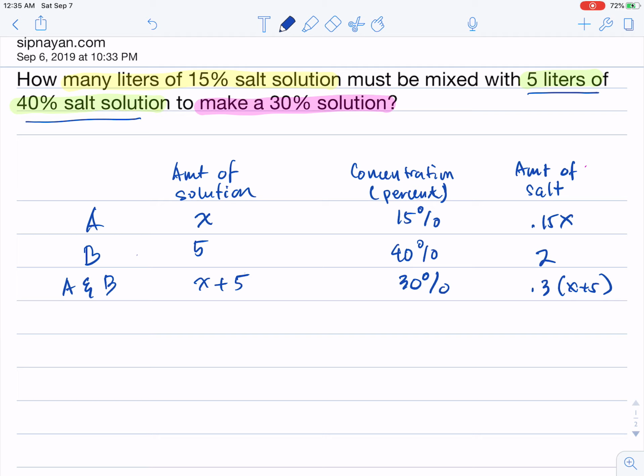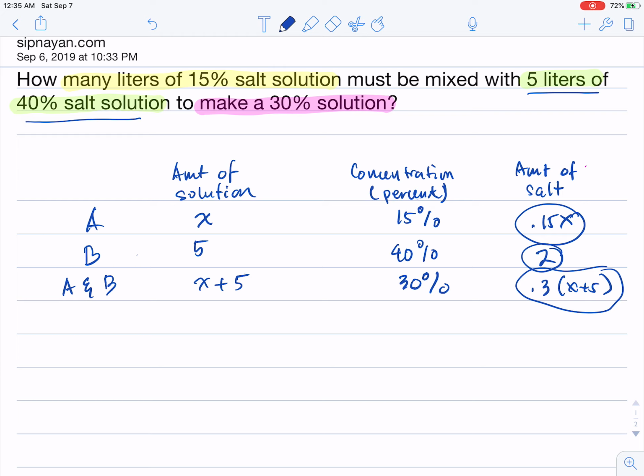So, ano pwede natin gawing equation dito? Notice that the amount of salt in A plus the amount of salt in B is supposed to be equal to the amount of salt in the combined solution. Kasi, syempre, hindi naman natin yan binawasan. Pinagsama lang natin silang dalawa. Ibig sabihin, walang nabawas dun sa volume ng salt.